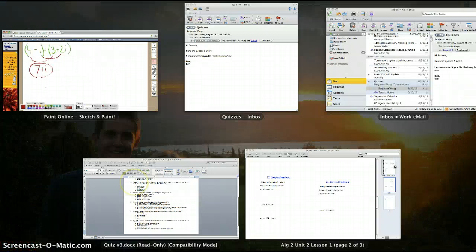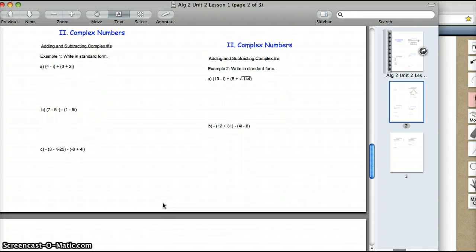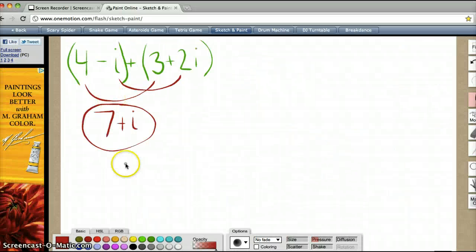All right, let's do the second one. Second one says 7 minus 5i minus 1 minus 5i.